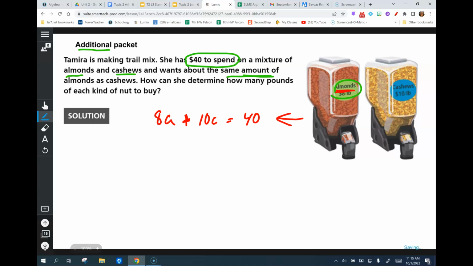Okay, so let's solve for our x-intercept and our y-intercept, and then we're going to graph it. So my x-intercept, I plug 0 in for y. Okay, so this is my x, this is my y. So my x-intercept, I'm going to plug it in for c. So I have 8a plus 10 times 0.